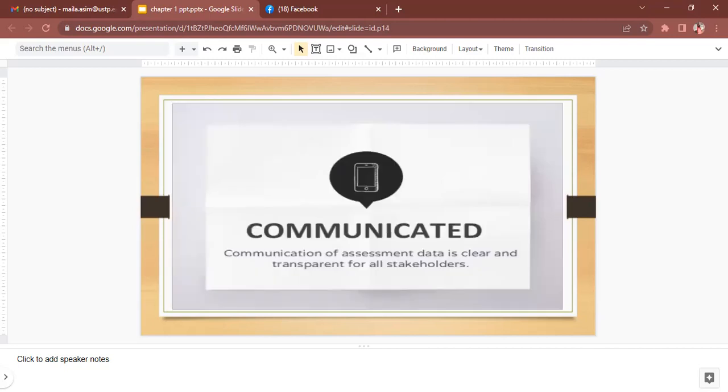Next is communicated. Kung sa'yo na sa communicated, communication of assessment data is clear and transparent for all the stakeholders in our school. So if the assessment is properly communicated, the results are routinely posted to a database and of course, available siya and comprehensive sa tanang levels, it would be easier for the students to receive routine feedback on progress.